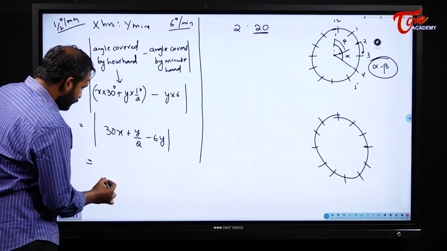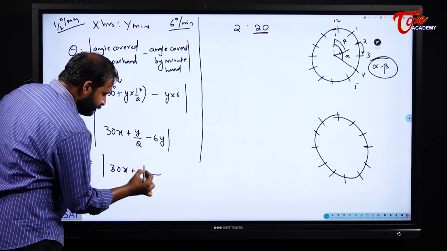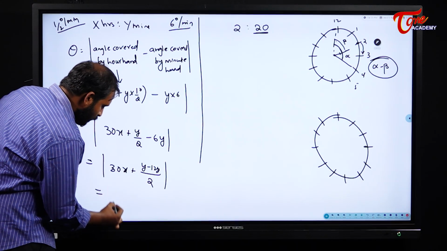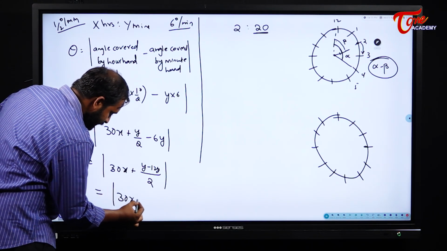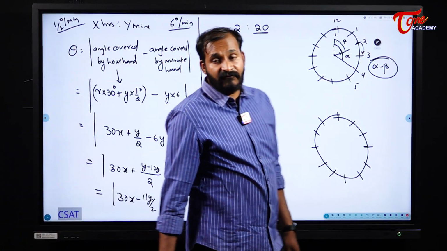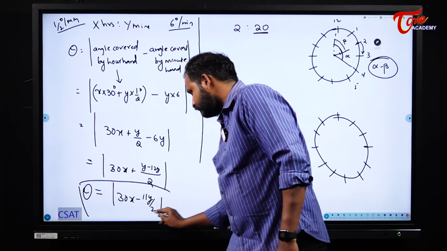When you solve this, what you will get here? 30x plus, LCM is 2, y minus 12y over 2. So this becomes modulus of 30x minus 11y by 2. This is the formula for the angle between two hands of the clock.